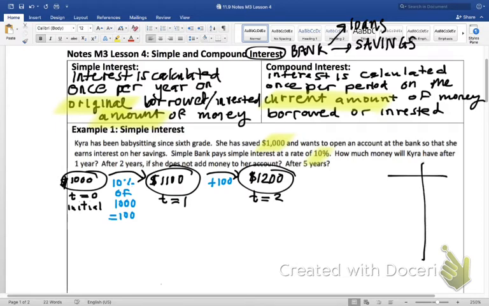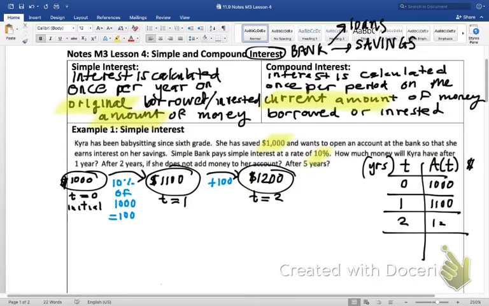It becomes even more clear how we could model this if we use a table of values and think about our input as t, time, and our output as A of t, the amount of money in her bank account. Time is in years. After 0 years, we have $1,000. 1 year, 1,100. 2 years, 1,200.